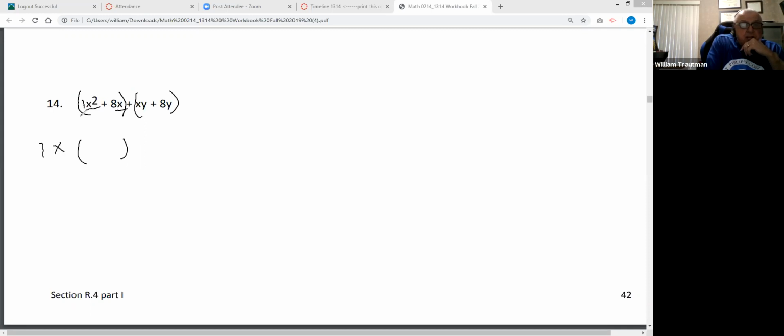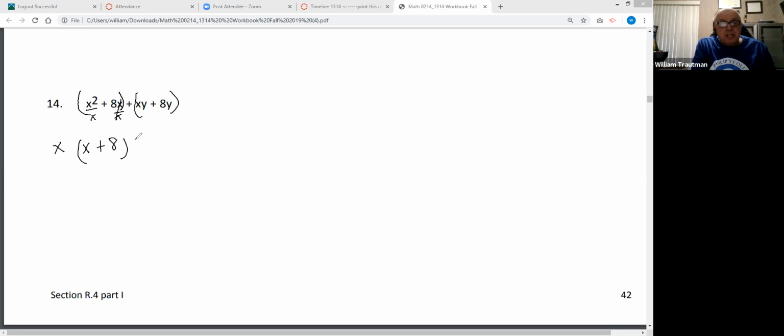So the lowest power x is x. And 1x is just x. They mean the same thing. So I'm going to divide an x out of this first parentheses. If I divide it by x, x squared divided by x is x to the 1 power. X divided by x is 1, and then 8 times 1 is 8.